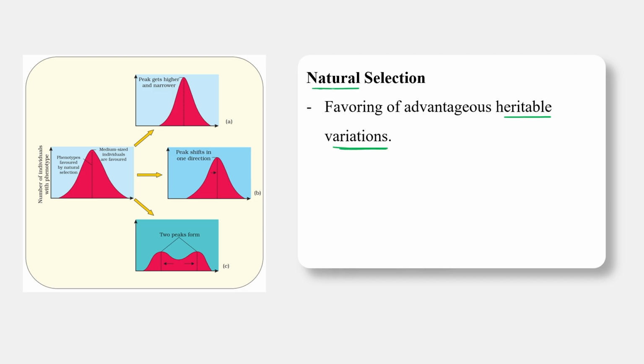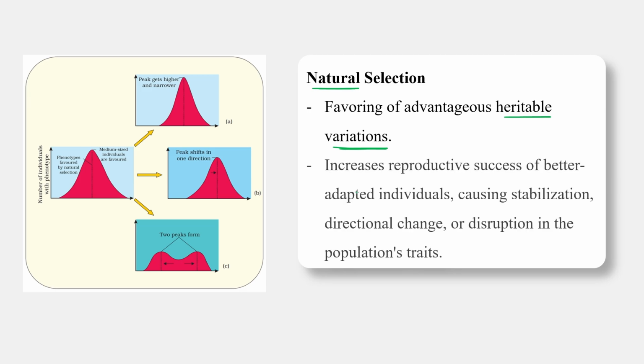Nature always favors the advantageous heritable variation, so it increases the reproductive success of better adapted individuals, causing stabilization, directional change or disruption in the population trait. So there are three types of graph. First one is known as stabilization, then this one is the directional change, and this one is the disruption.